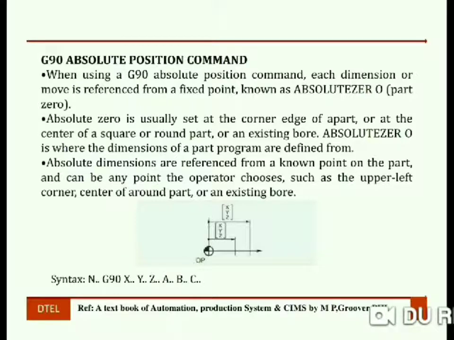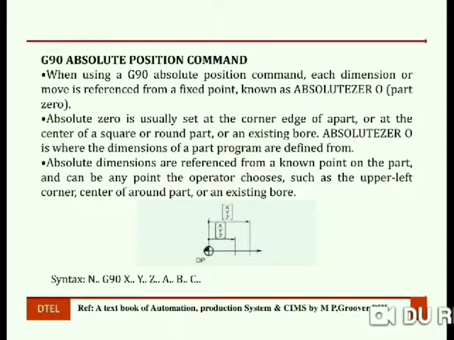Then what are the various positioning commands? The first one is G90. When we are using the G90 code, each dimension or move is referenced about a fixed point known as absolute zero, that is part zero. Absolute zero is usually set at the corner edge of a part or at the center of a square or round part or an existing hole. Absolute zero is where the dimensions of the part program are defined from.